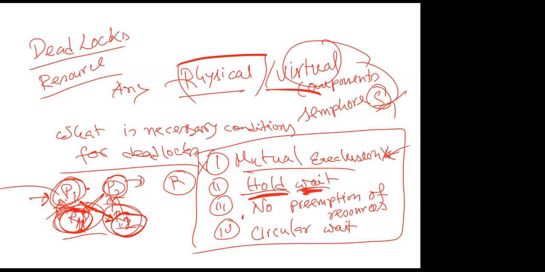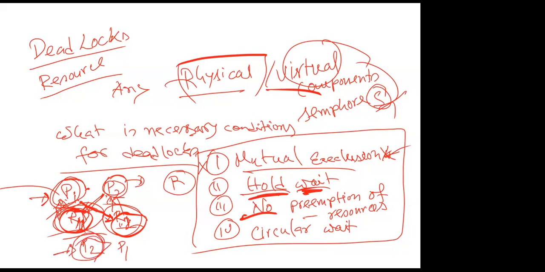Another thing is no preemption of resources. What does preemption of resources mean? Let's say we have processes P1 and P2, and P2's priority is higher than process P1's. Or, with an SJF algorithm, P2 has the smaller burst or execution time.